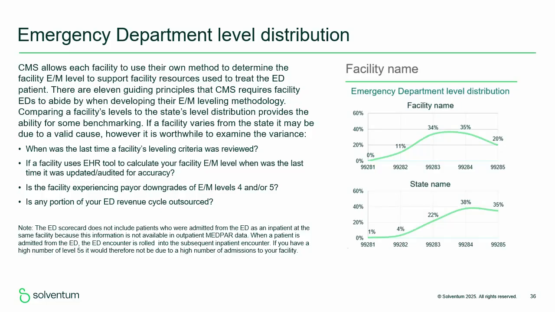Is there any portion of your emergency department revenue cycle that is outsourced? And if so, are you monitoring your E&M levels? Frequently, customers who outsource the coding of their ER revenue cycle tell us that they're not concerned about their levels, that their vendor handles that.